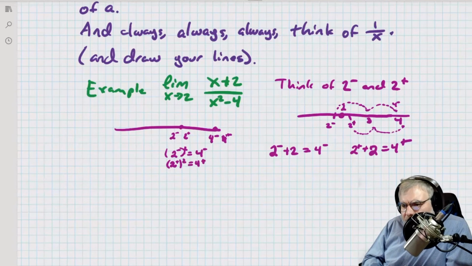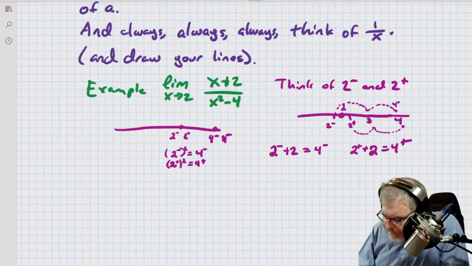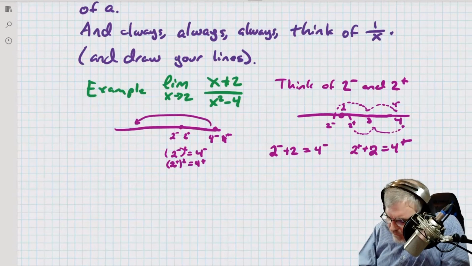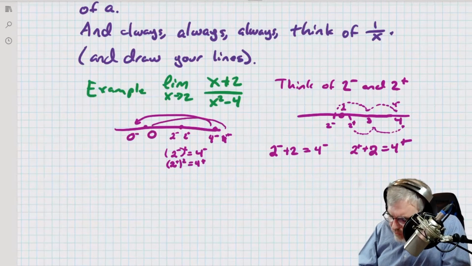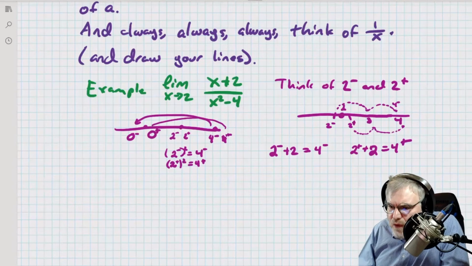Now, what am I going to do? I'm going to head back to 0, correct? So now I'm going to go subtract 4. I'm going to wind up at 0 left. And here I'm going to wind up at 0 right. Now, when you're around 0, remember that 0 left is a negative number, and 0 right is a positive number.